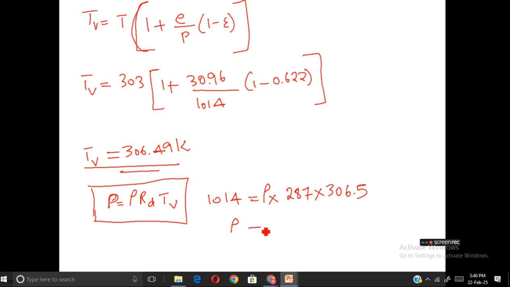Now the value of rho is basically 1014 divided by 287 into 306.5.